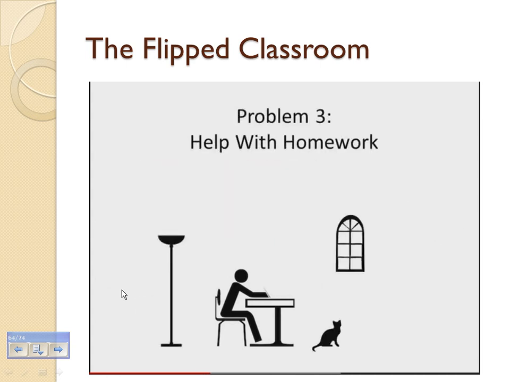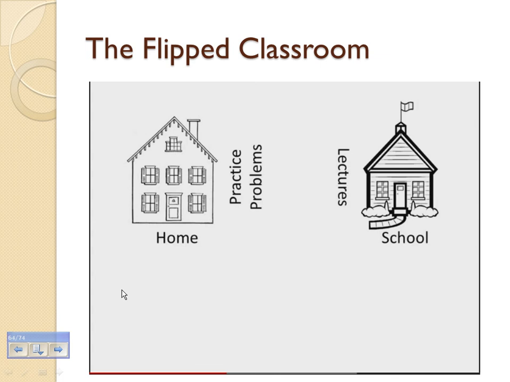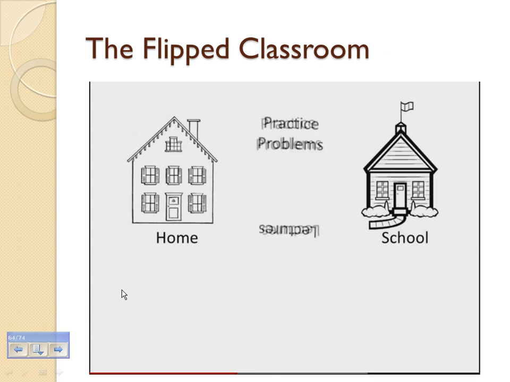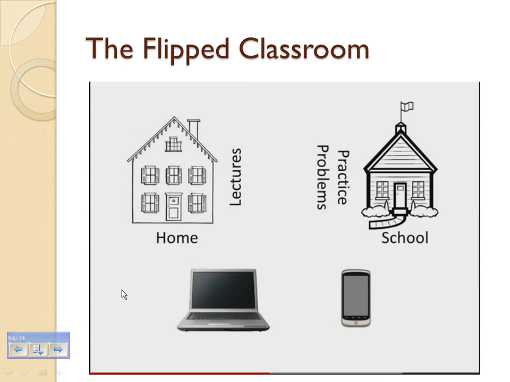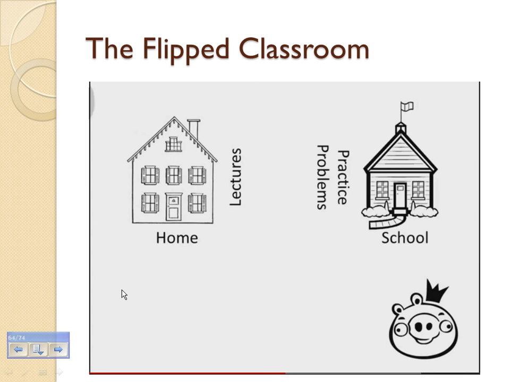And 3. When at home, students might find it difficult to get help on their homework. But what if the lectures were at home and the homework was in class? It turns out the flipped classroom does exactly this, and it can help with these problems. The flipped classroom has only recently become possible given the ubiquity of modern social media. Anyone with access to an internet-connected computer or smartphone can watch lectures nearly whenever and wherever they like.